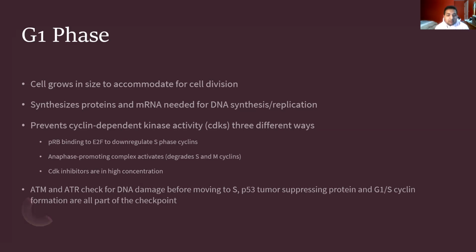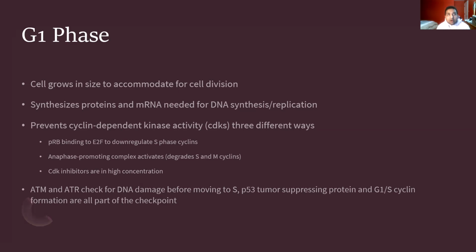So ATM and ATR, which are 2 protein complexes, check for DNA damage before we move to S phase. We want to make sure our DNA is okay, there's no problem with our genetics, no significant mutations before we go on into the DNA synthesis.